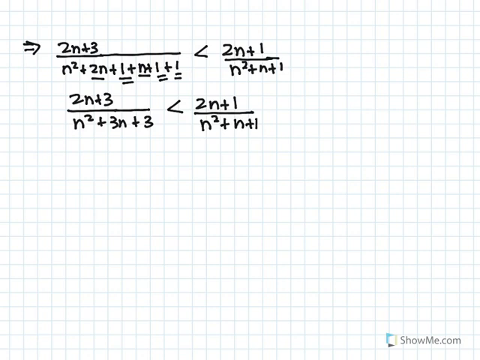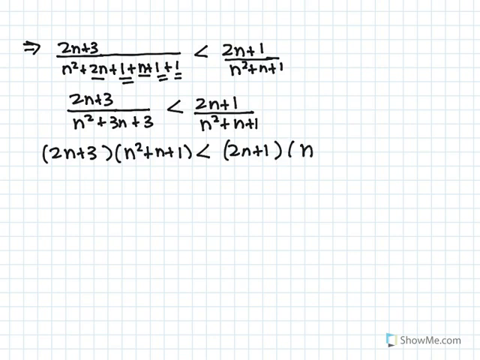Now let's cross multiply, so we get (2n plus 3) times (n squared plus n plus 1) is less than (2n plus 1) times (n squared plus 3n plus 3). Now let's multiply all of this out and simplify.